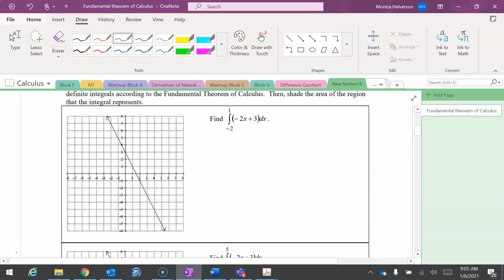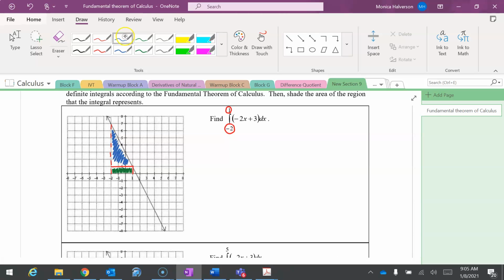So we're being asked to find the area between the upper and lower limit of 1 and negative 2. So from here to here. Now, what we could do is divide it into two separate regions and find the area of this triangle and then find the area of this rectangle. So let's do that.